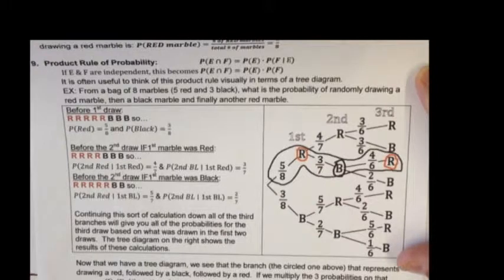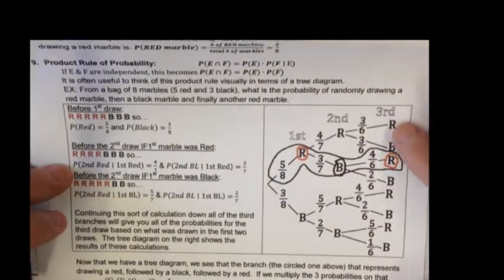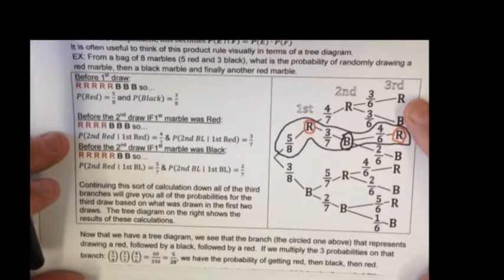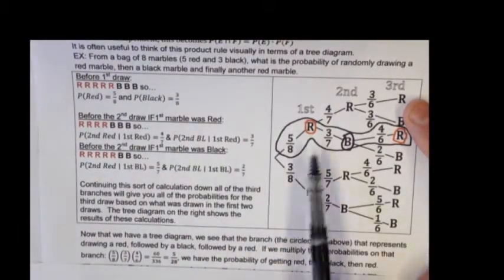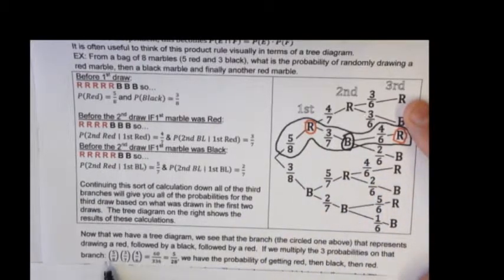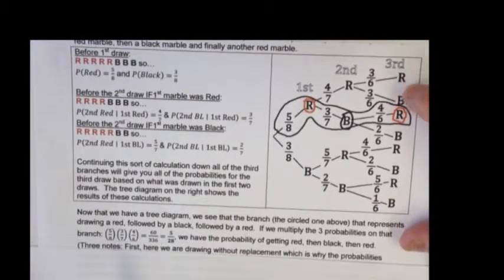So if you multiply those 3 probabilities, you end up with 5/8 times 3/7 times 4/6. That comes out to 60 over 336, which is 5/28 when you reduce it. And you could reduce this before you even multiply it if you wanted to. You can see that 4/6 reduces to 2/3. So that's the probability we're looking for, and I think the tree diagram helps us visualize that better.